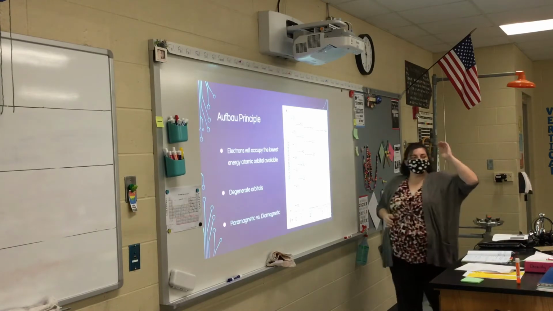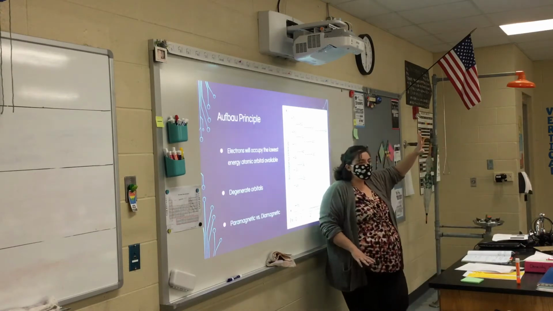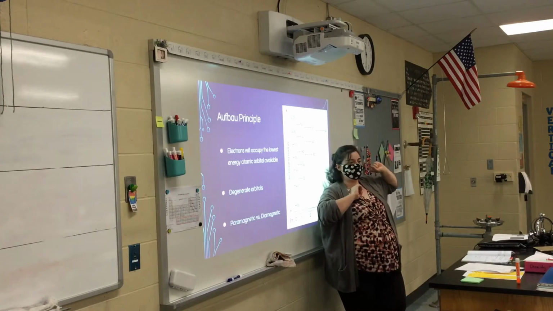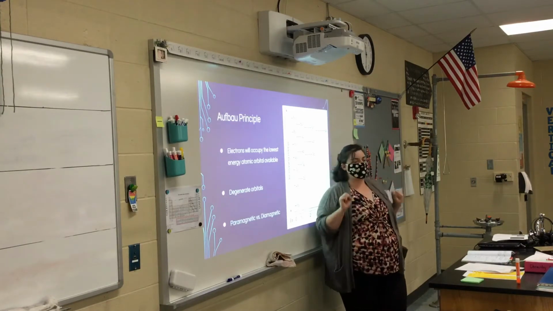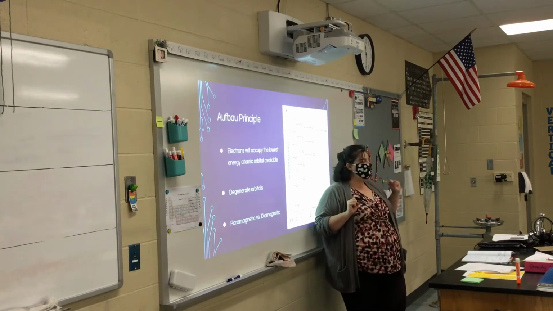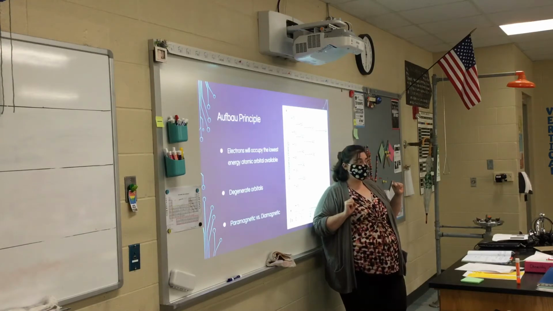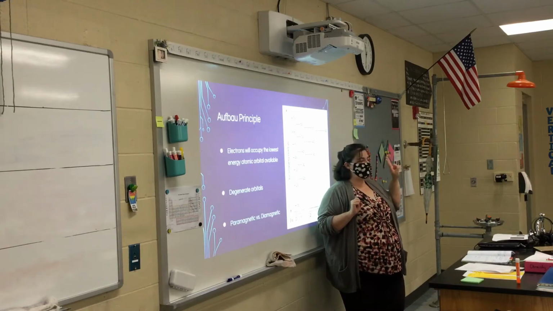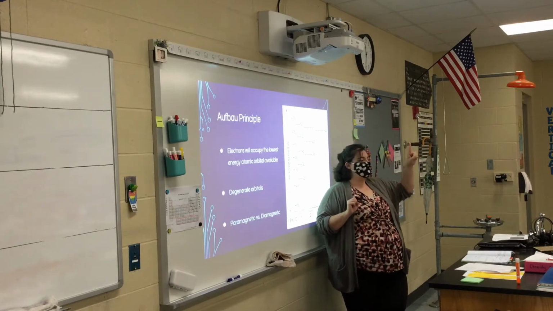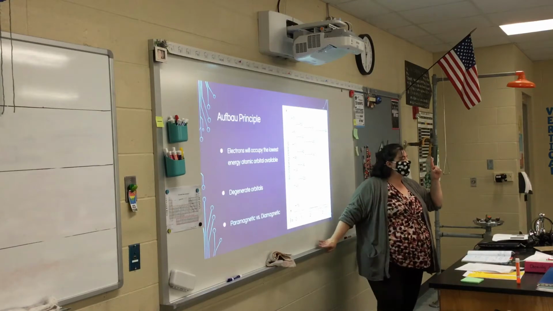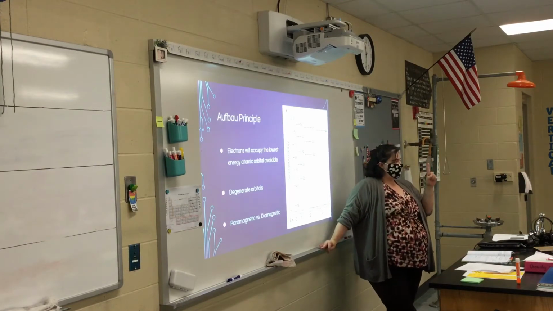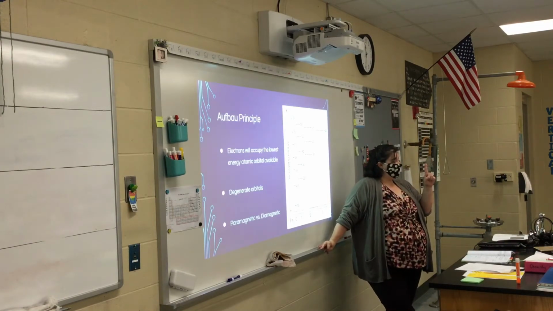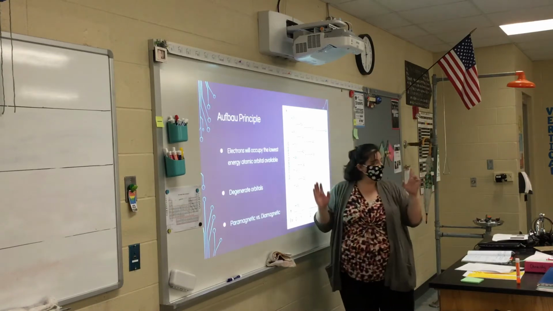If I start at element number 1, we have 1 electron from element number 1 and 1 electron from element number 2. What energy level is that? 1. The first 2 elements on the periodic table, what energy level are they in? 1. They're in energy level 1, and those electrons go in what type of orbital? S. Do we understand what I'm asking?